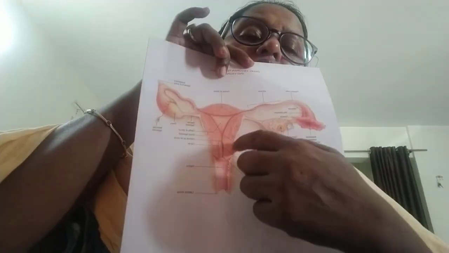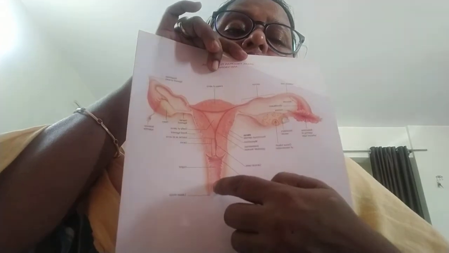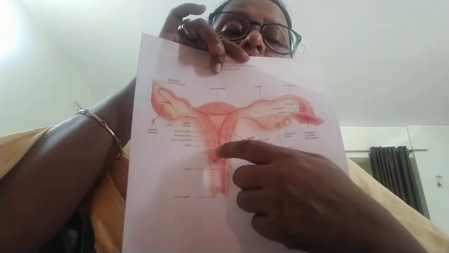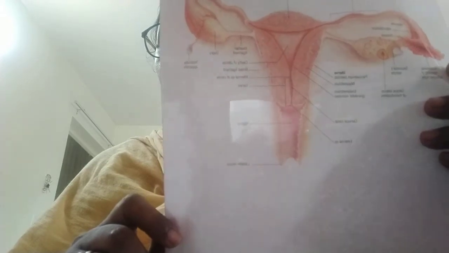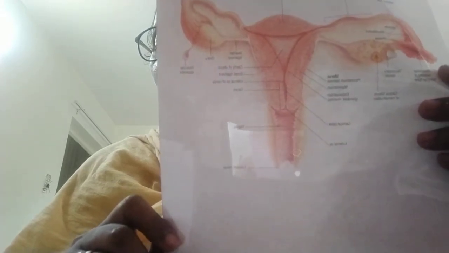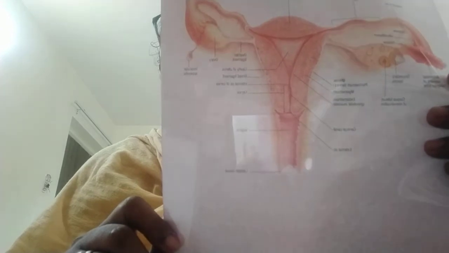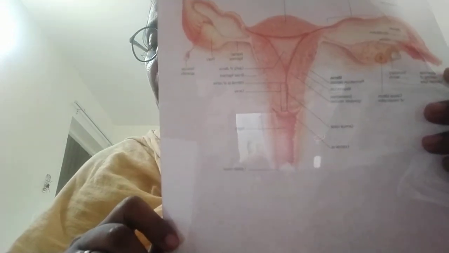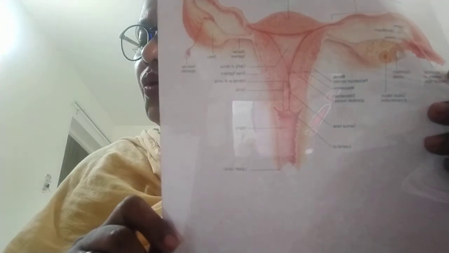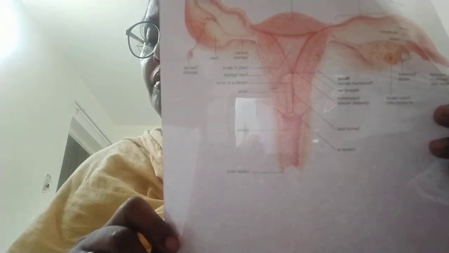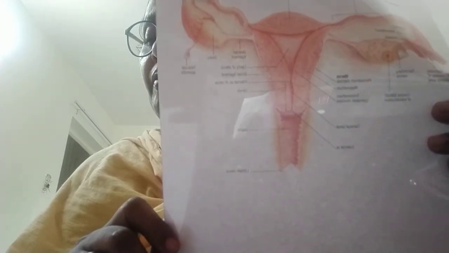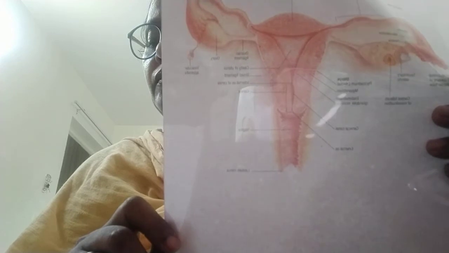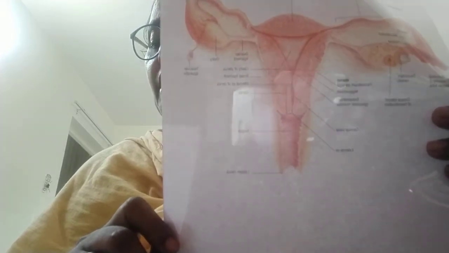Then comes the uterus. This was the vagina, this is the cervix, and this is the uterine part. The uterus is a hollow pyriform muscular organ situated in the pelvis, between the bladder in front and the rectum behind.